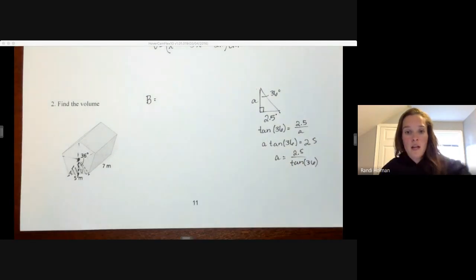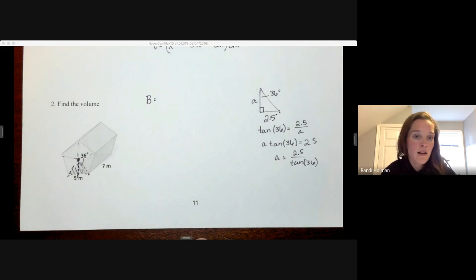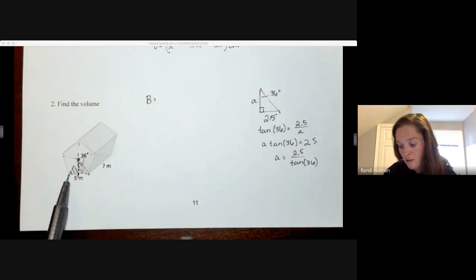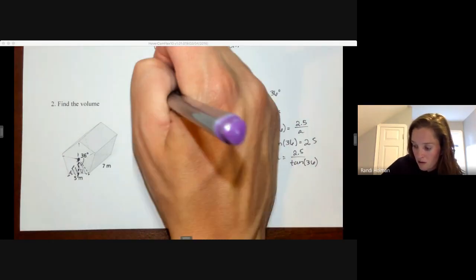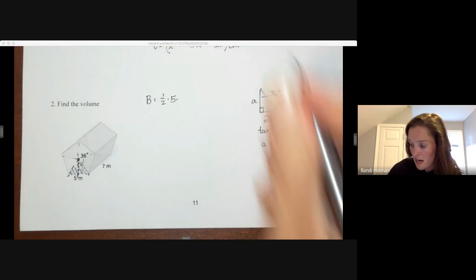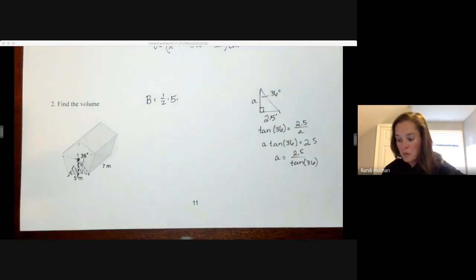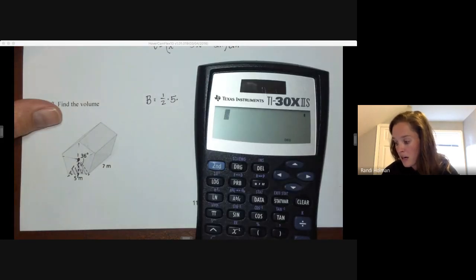Okay, so if I want to find the area of this triangle right here, it's 1/2 of your base times your height. So 1/2, our base is 5, our height, you could type this into your calculator, right? That's just a number. Remember, we want to avoid any rounding error.